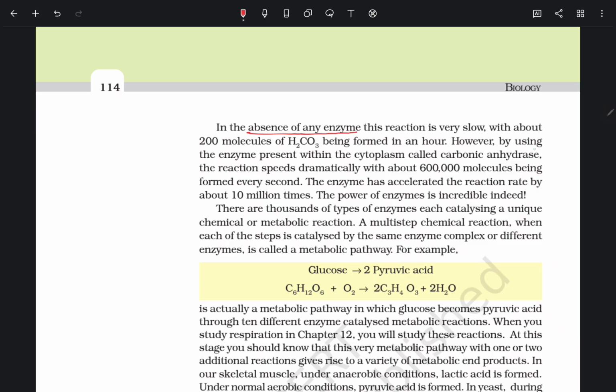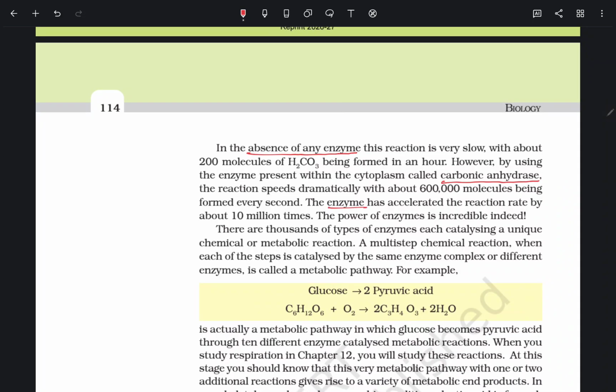However, by using the enzyme present within the cytoplasm called carbonic anhydrase, the reaction speeds up dramatically, with about 6 lakh molecules being formed every second. The enzyme has accelerated the reaction rate by about 10 million times. The power of enzymes is incredible indeed.